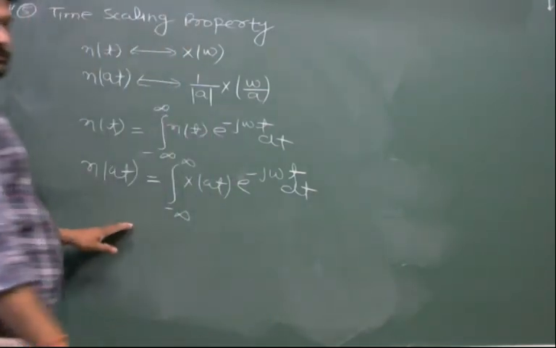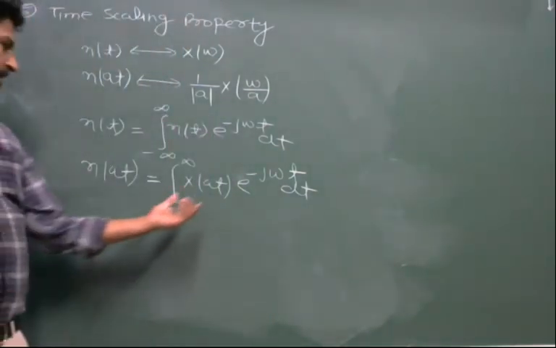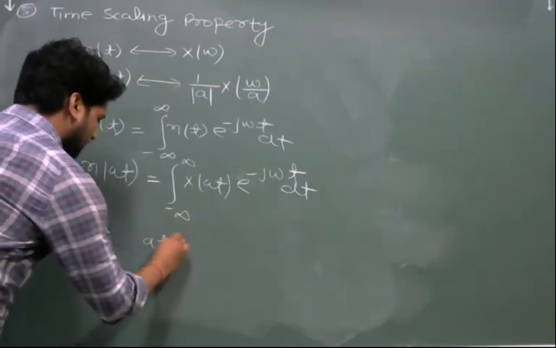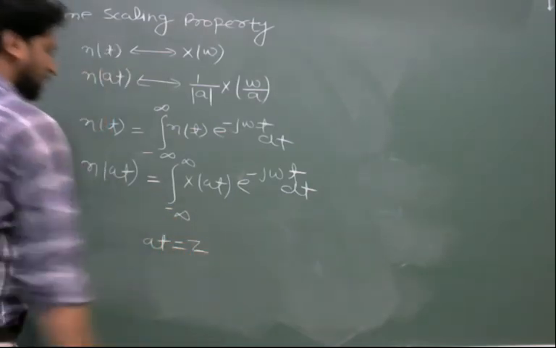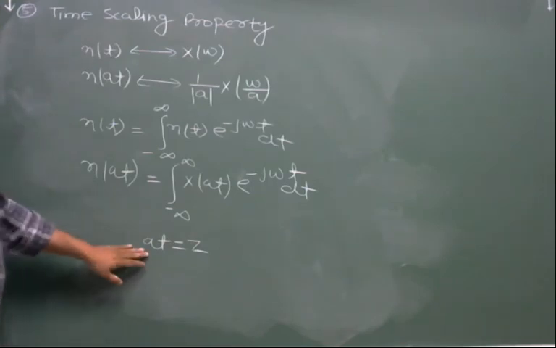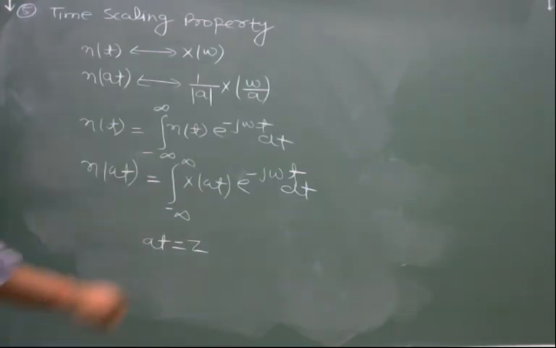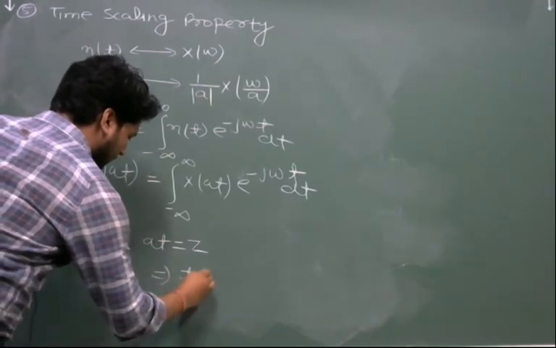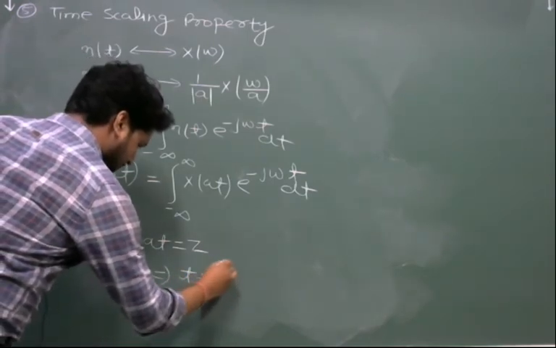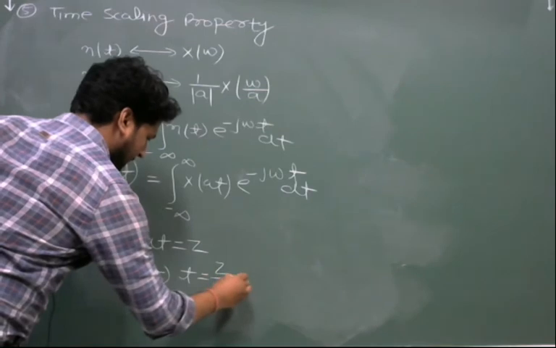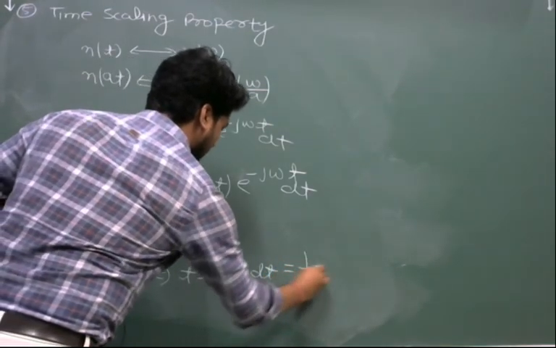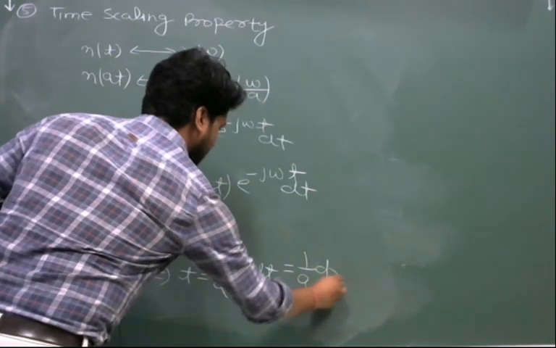Now change the variable: suppose at is equal to another variable z. Then t will be equal to z by a and dt will be equal to 1 by a into dz.